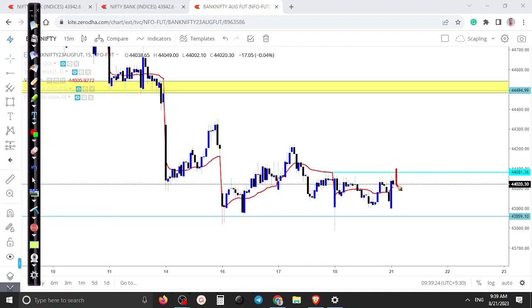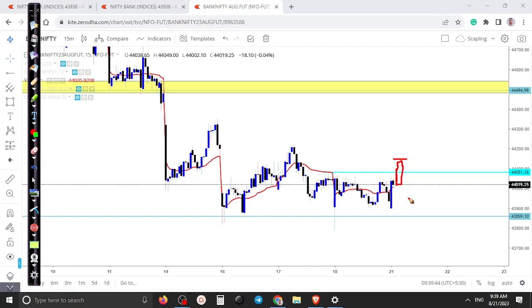If a 100-point larger candle forms, then definitely I'll place the order, but I will increase my SL to 70 to 80 points, and I'll decrease my lot size almost to half.